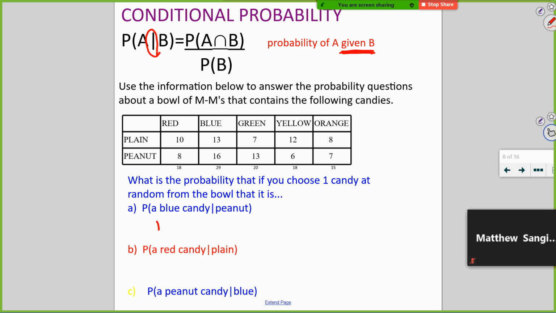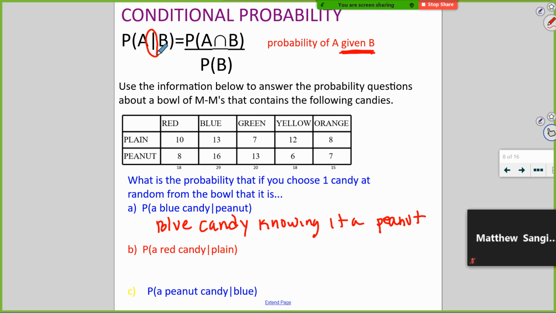So what A says, it says what's the probability of a blue candy knowing it is a peanut M&M? Right? A blue candy knowing that it's a peanut M&M. So there's a formula up there, right? But I don't really want you to worry about the formula.